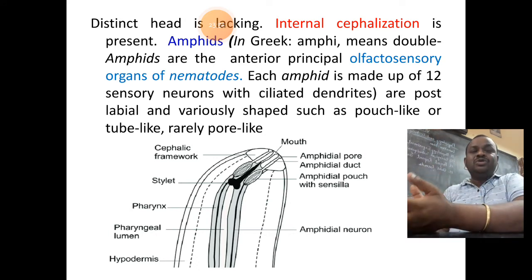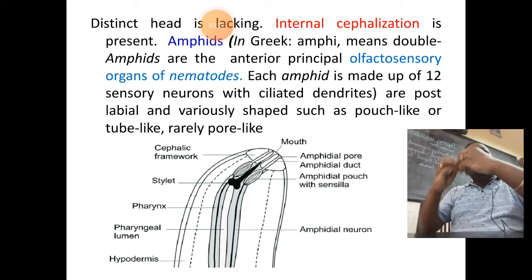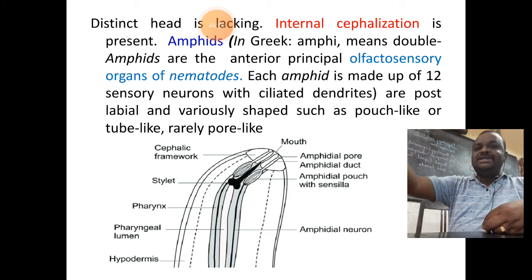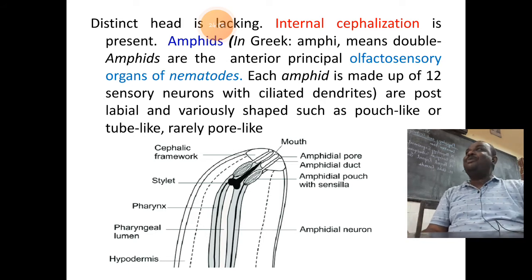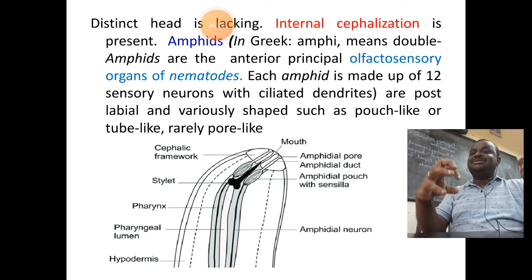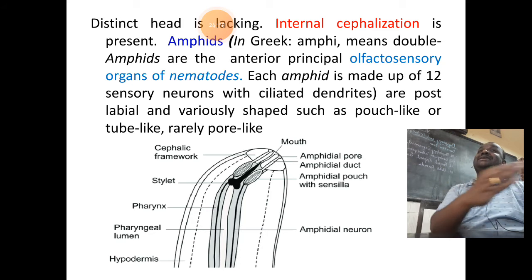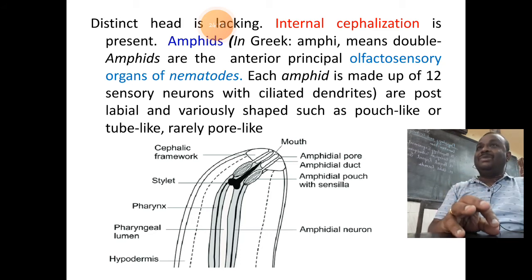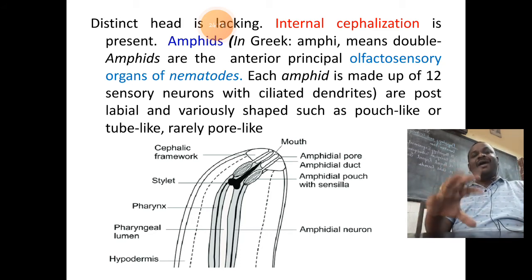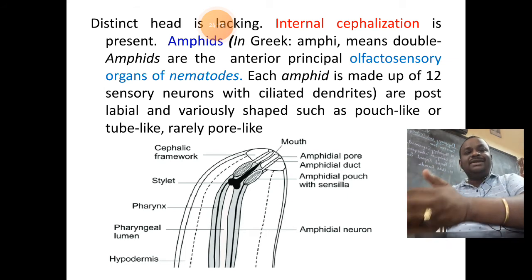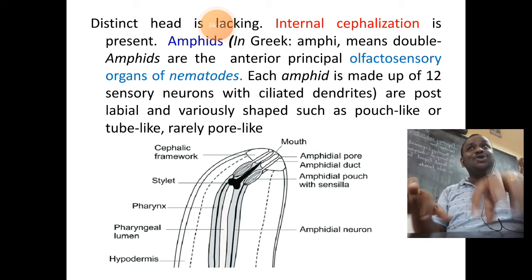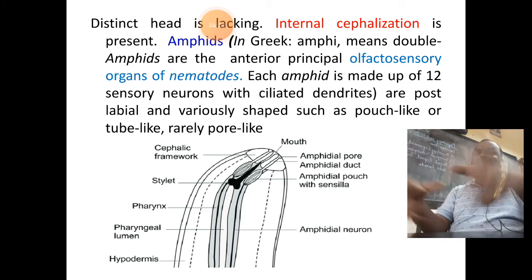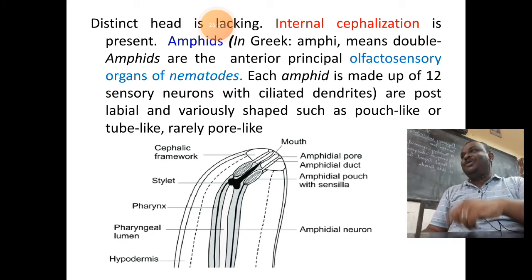Some group of nematodes will have the sensory structures in their anterior end, where the brain is present. Whereas in some other group of nematodes, we find the sensory structures which are visible to us towards the posterior end. So we have sensory organs, some showing at the anterior end, some showing at the posterior end. If they show towards the anterior end, we call them amphids.